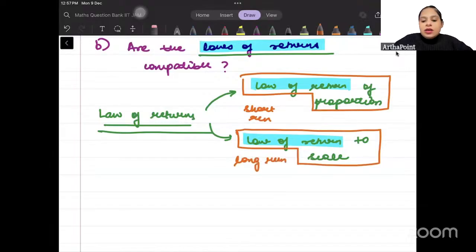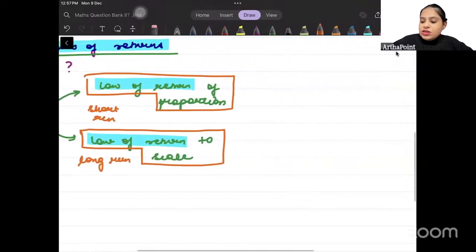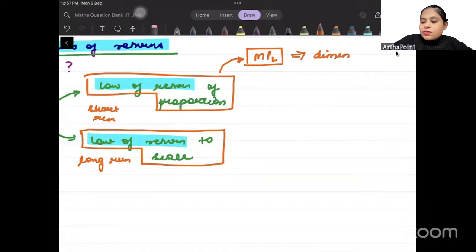Now, if we talk about the law of returns of proportion, to check if it is compatible or not, I need to check if the marginal product of the variable input is diminishing or not.